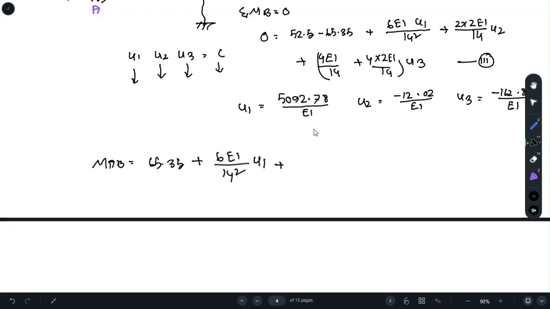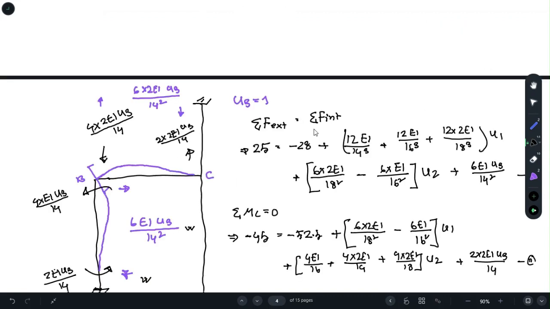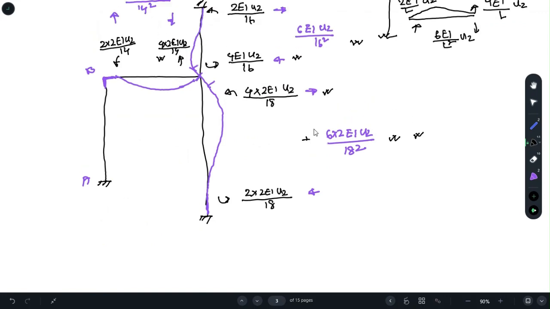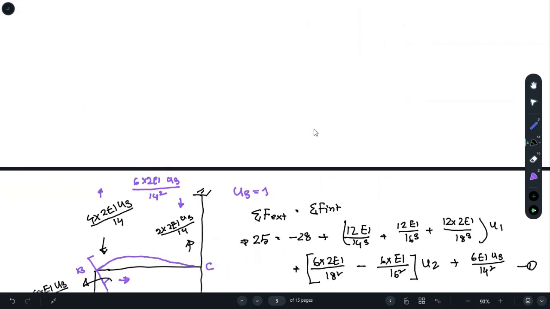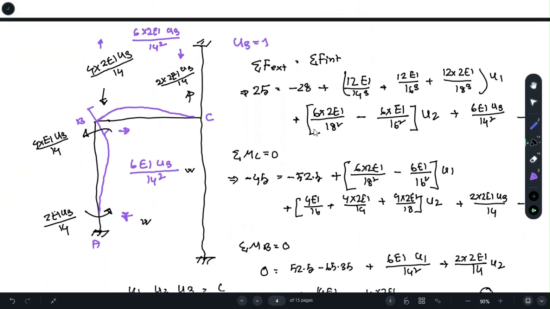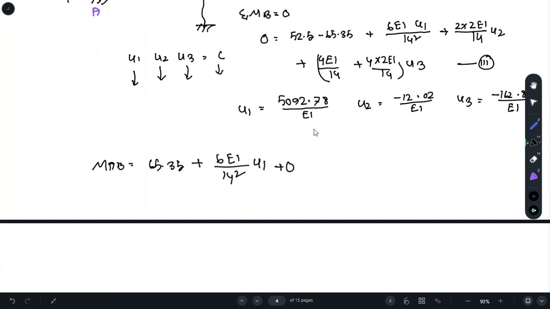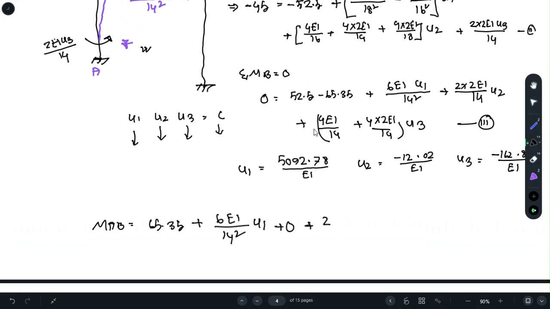You will not get anything, because for Doki U2 there is no deflected shape in this frame AB. But from Doki U3, you will get a moment of twice EI U3 over 14, and it's anti-clockwise, hence positive.